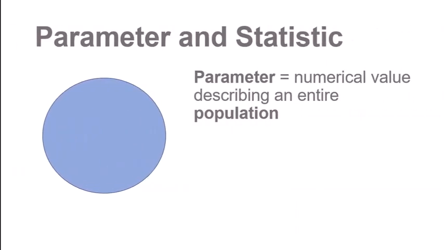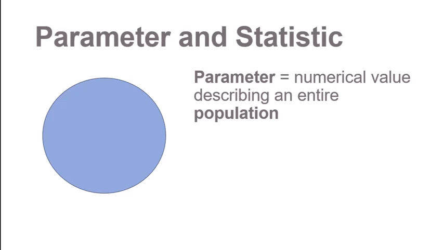Now from each of those groups, we're going to describe them using some sort of numerical measure. So if we're talking about average diameter of the trunk of a pine tree, the diameter is the data that we're collecting, and the parameter there would be the average diameter of all pine trees in Evergreen.